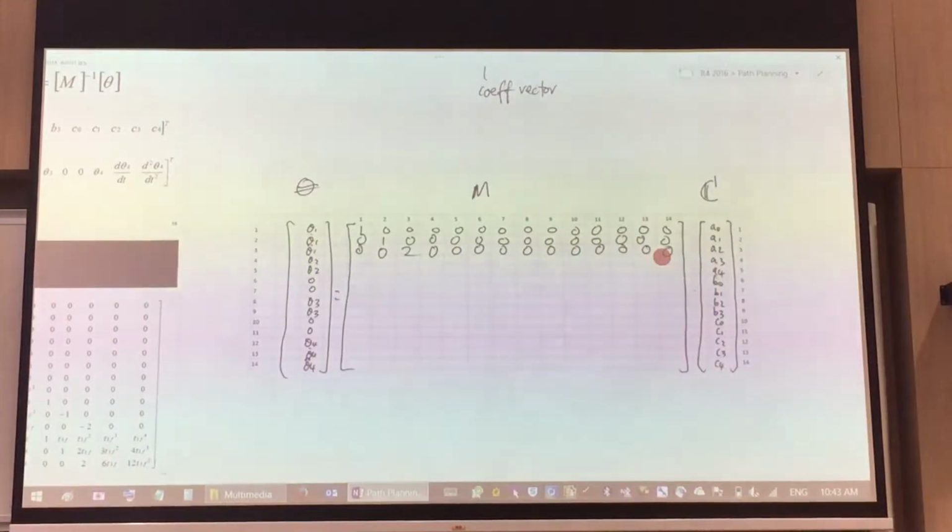So you have A0, which means this part here will be 1, followed by T1F, T1F squared, T1F cubed, T1F to the power 4, and 0, 0, 0 for the rest of it. That will give you your fourth boundary condition.